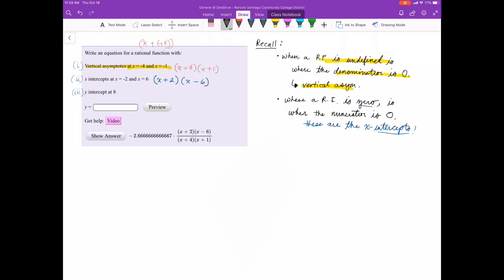Let's begin. So my rational function, let's just call it r of x, is equal to some numerator over the denominator.